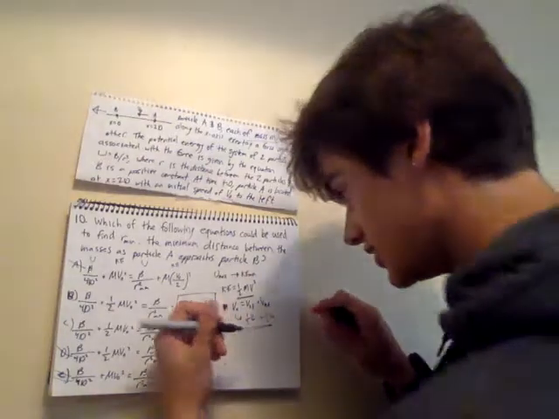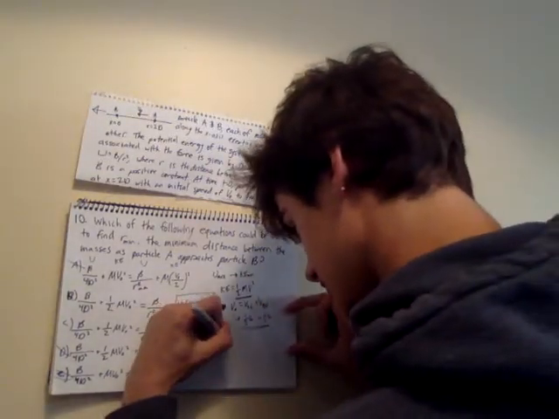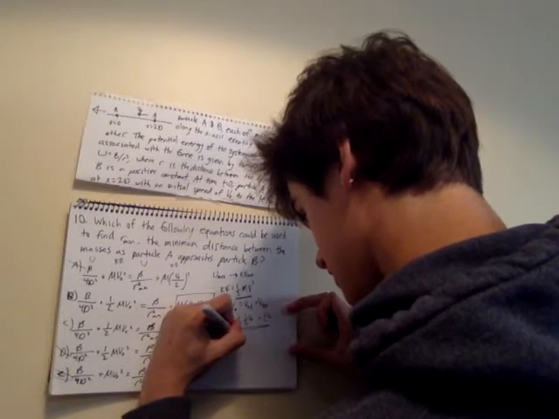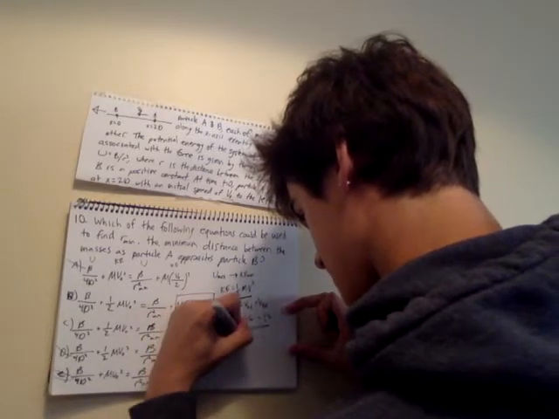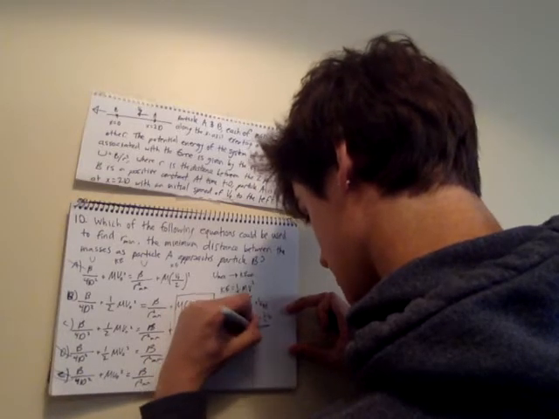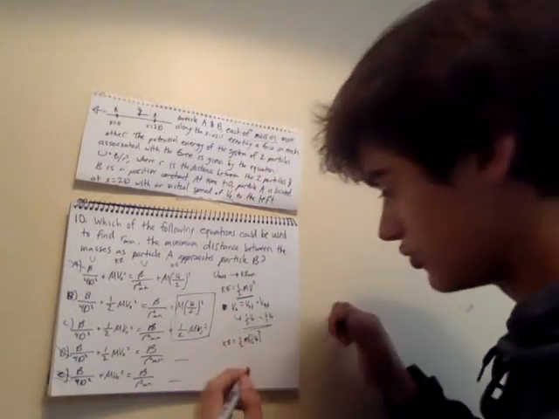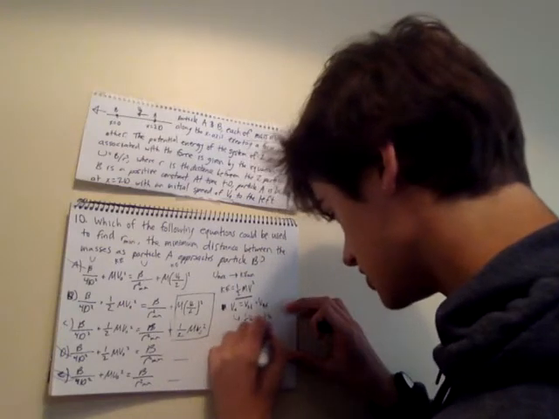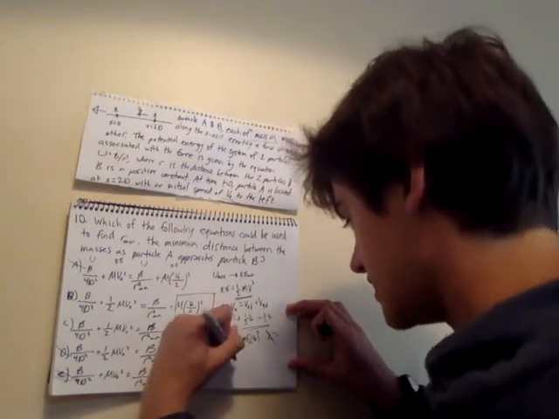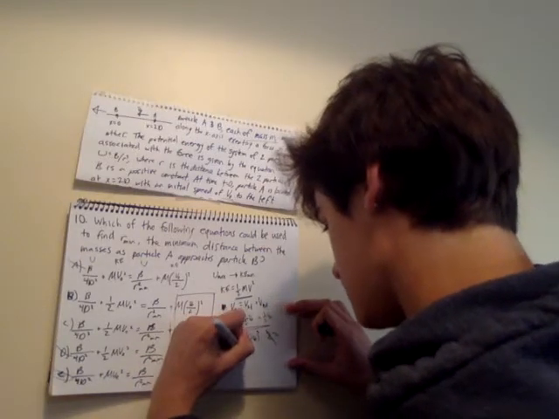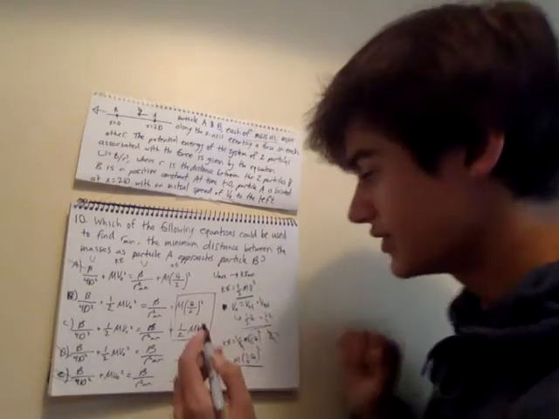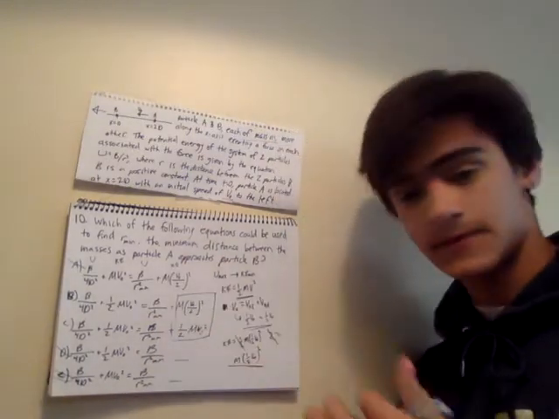Each one at the end is going to have a kinetic energy of 1/2 m 1/2 v naught squared. So when you have two of these times 2, these are going to cancel out, and it's just going to be m 1/2 v naught squared, which is what we have right here.